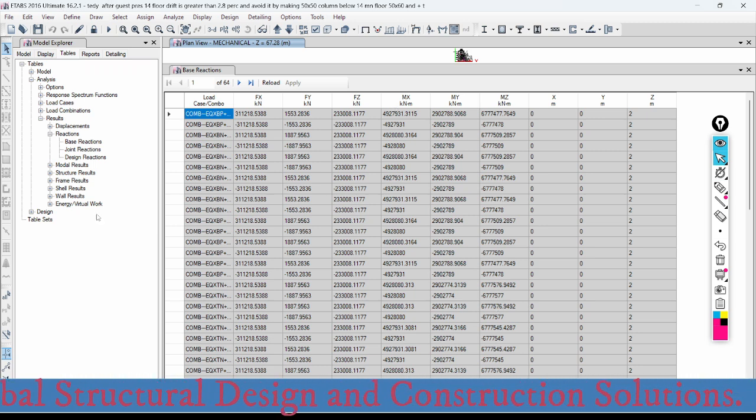We can see the Fx, meaning the reaction in the x direction, both in negative and positive direction. The negative sign indicates the reaction along the negative x direction, and the positive sign indicates the reaction along the positive direction.